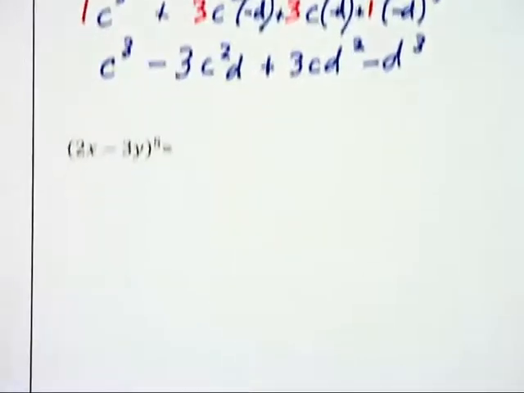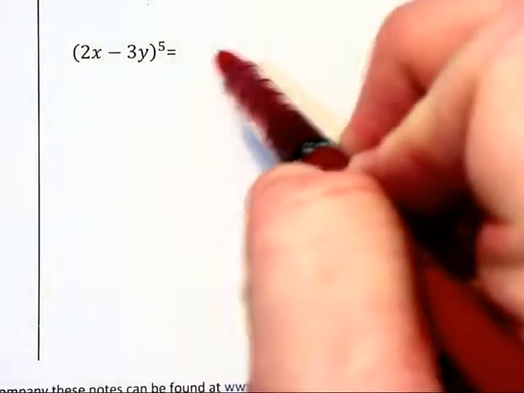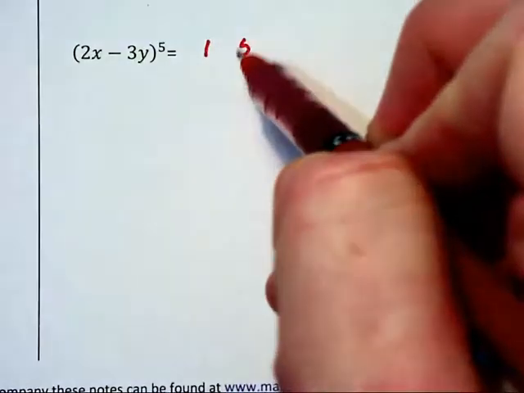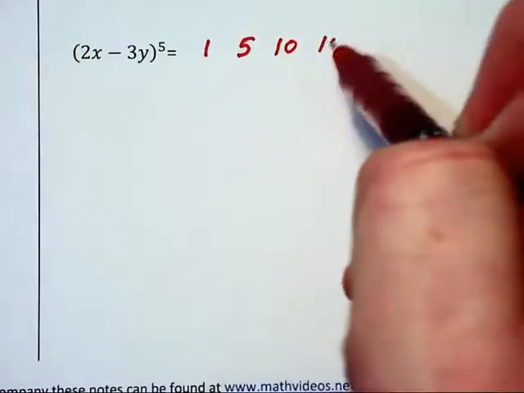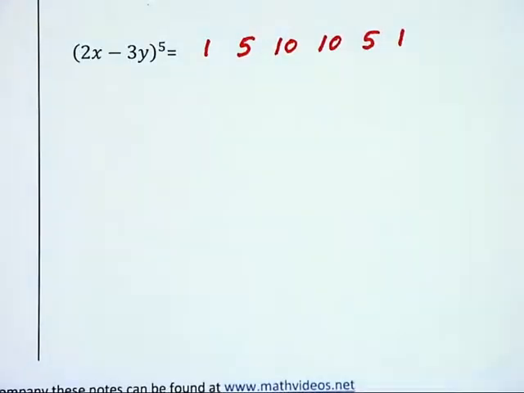Now let's look at a more challenging problem because we have something to the 5th power. Looking up above, our coefficients are going to be 1, 5, 10, 10, 5, and 1. And we will have to insert that into our pattern here.